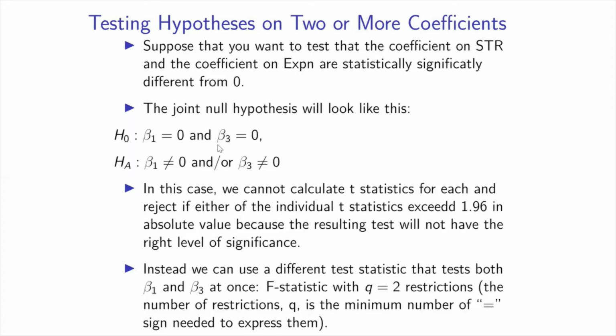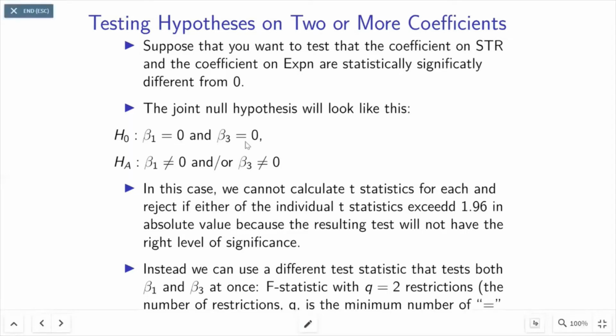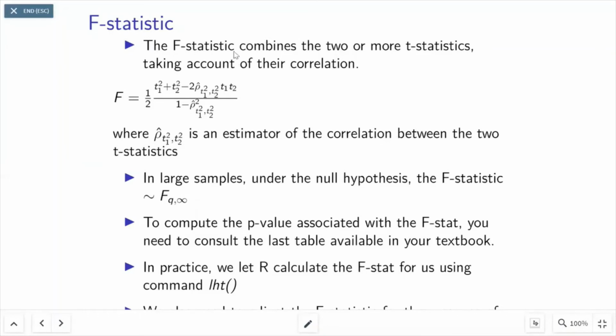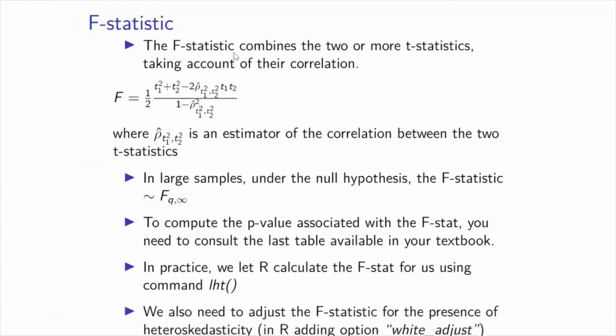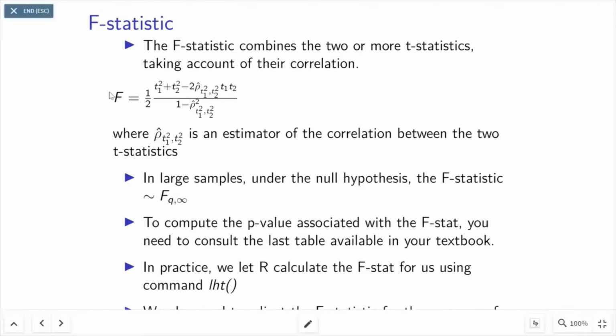Additionally, since there are 2 equal signs in the null hypothesis, we say that the number of restrictions for the F-test is equal to 2, or q equals 2. The test statistic for the F-test is called the F-statistic. To perform an F-test on two coefficients, the F-statistic is given by this formula.